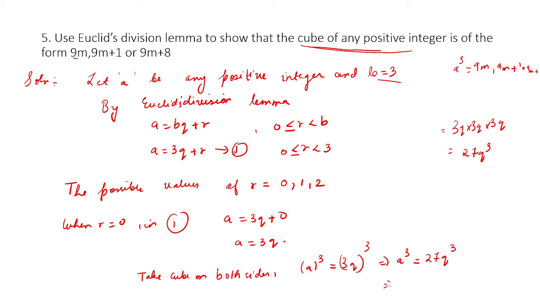Now try to understand the question. The question is asking us to show that the cube of any integer is of the form 9m. So you should take out 9 from here. If you take 9 from here, you're left with 3q cube. So therefore you can write a cube as 9 times 3q cube.